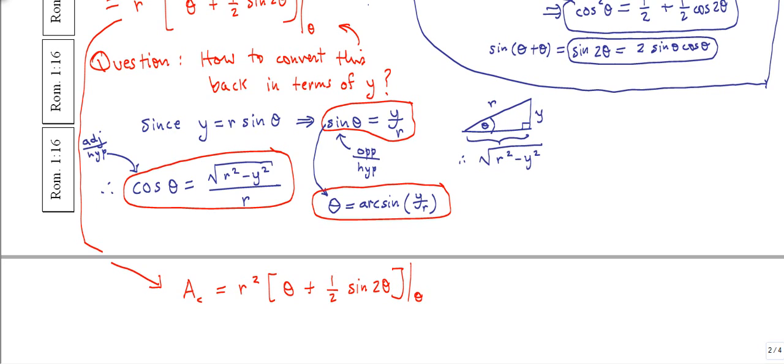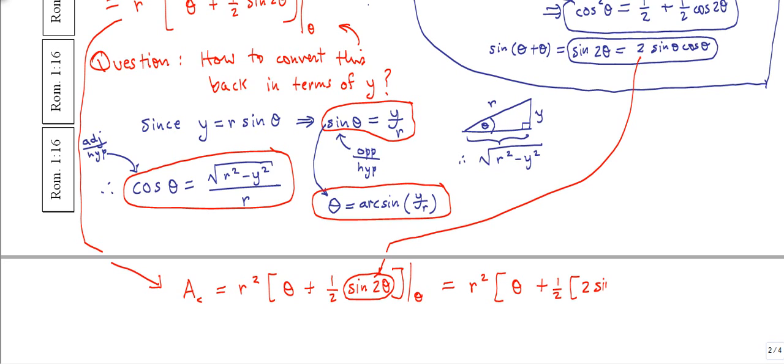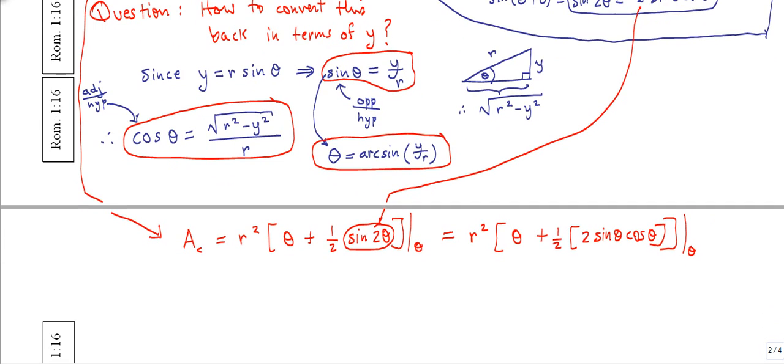I'm going to use this result here to sub in for what I'm calling sine of a double angle, to put it back in terms of just a single angle instead of a double angle. So I get r squared times theta plus a half of 2 sine theta cos theta, which is what sine of a double angle is, and that's with respect to the limits of integration on theta.